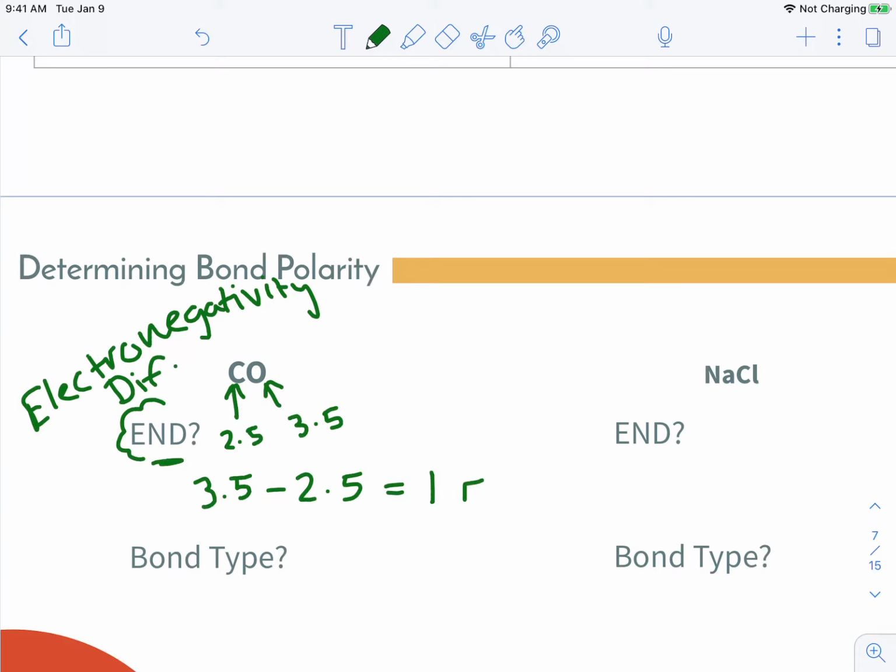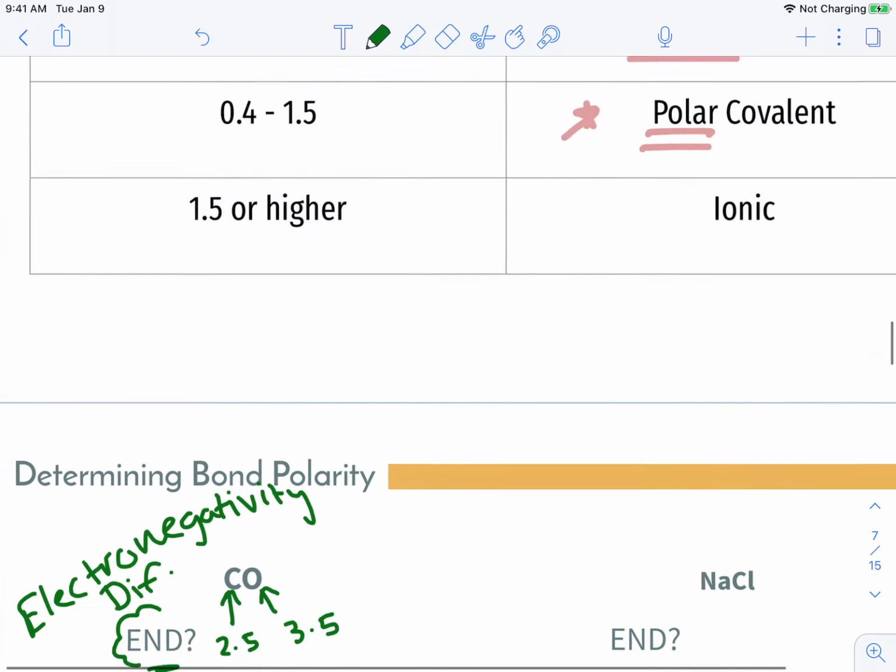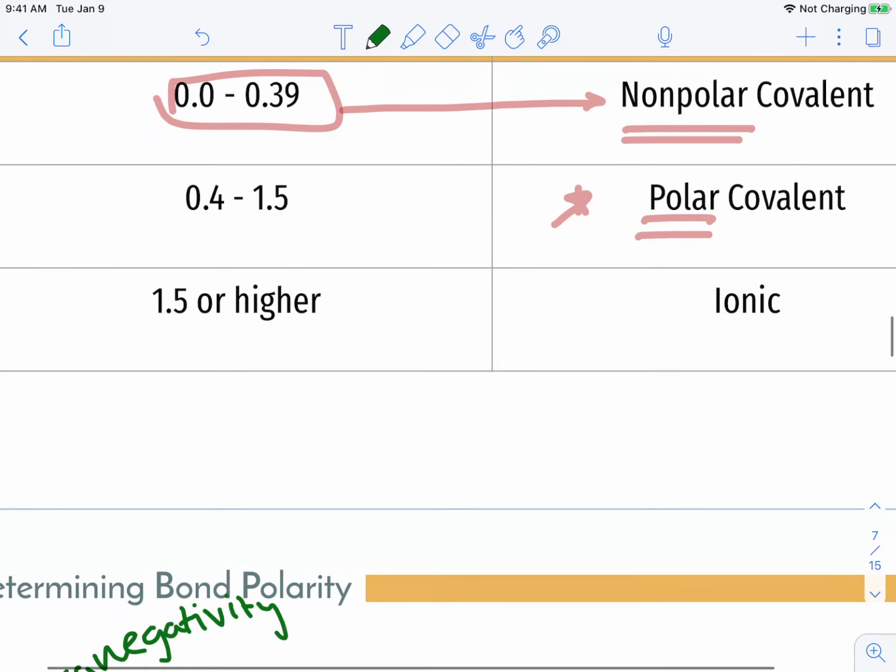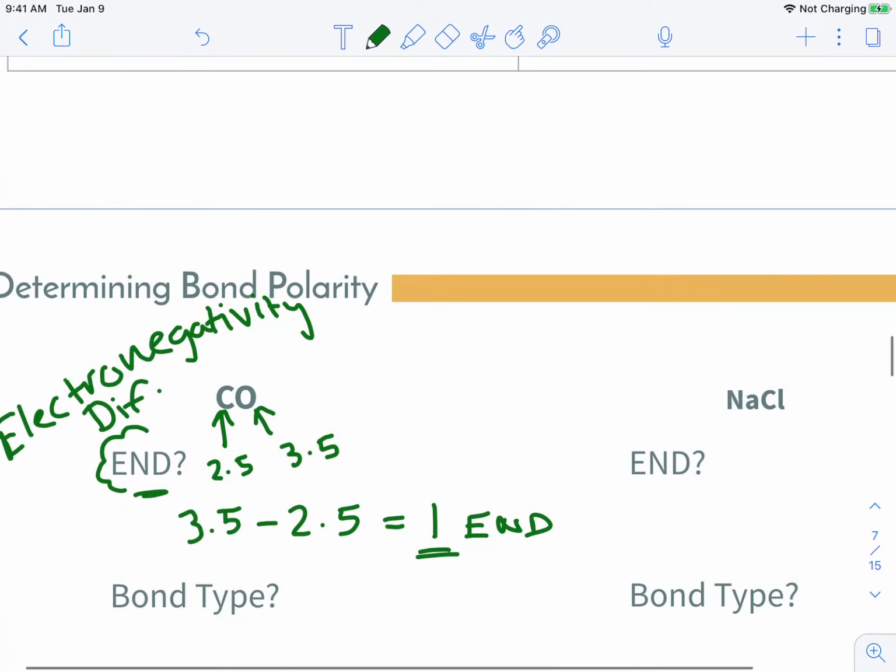This is my electronegativity difference. If I look at the chart, which you should copy in your notes, I see that 1 fits in this category right here. So we would say that carbon monoxide is a polar covalent bond.